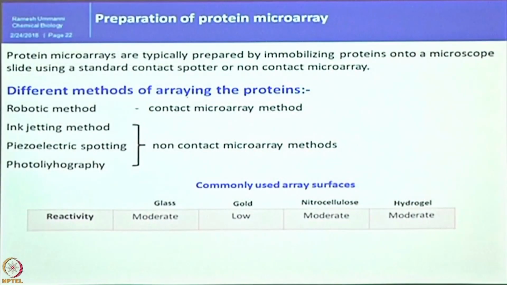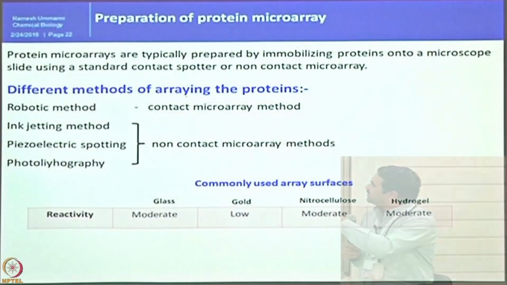The remaining three methods are the non-contact methods: inkjet method, piezoelectric spotting and photolithography. Many people know about the inkjet method; it sprays the sample near the glass slide. So there is a chance of wider spots than the concise spots, so you can accommodate fewer proteins on one slide compared to the contact microarray methods.